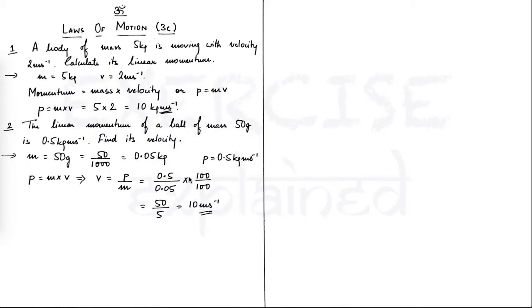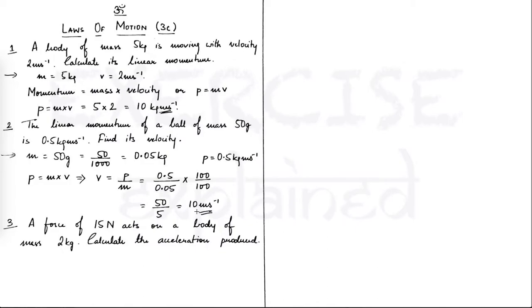So I would multiply the numerator and denominator by 100 so that the decimals are not there. So here what happens is 0.5 into 100 gives me 50 and 0.05 into 100 gives me 5. So 50 by 5 gives me 10 meter per second. So the velocity happens to be 10 meter per second.